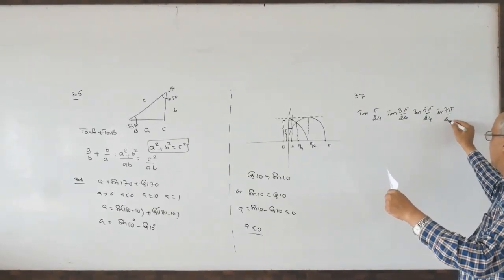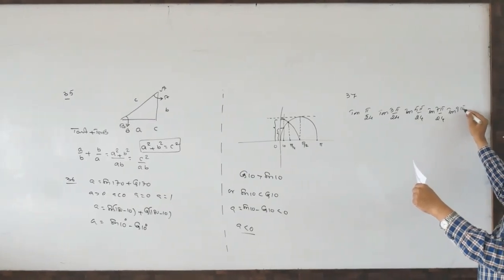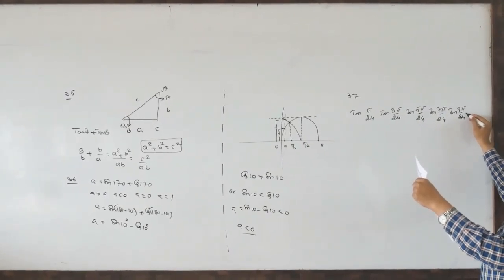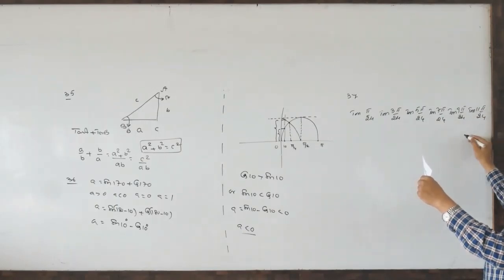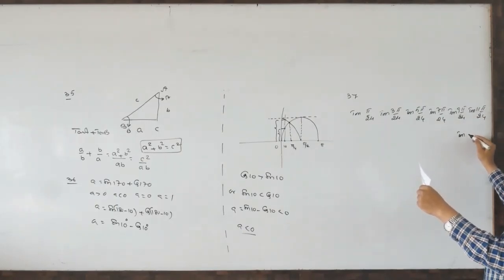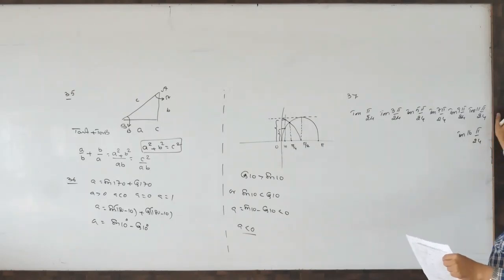Odd numbers he gave like this. Then 11 and then 16. No problem.